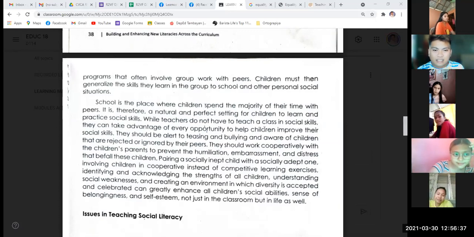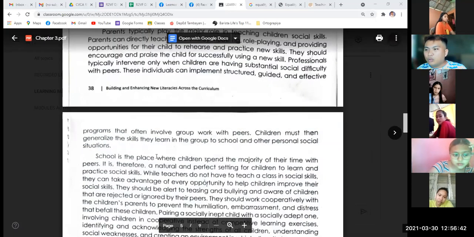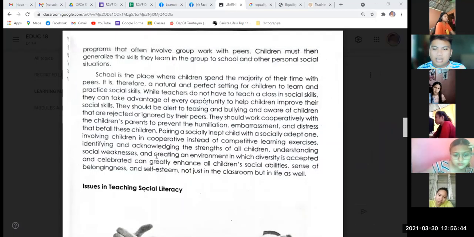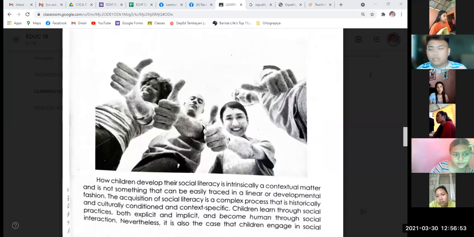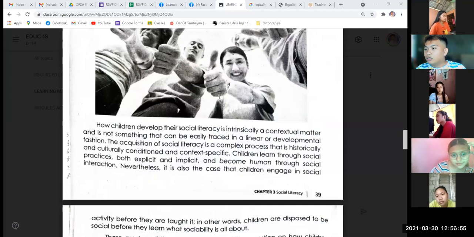Okay, it's interrelated, ha? At tandaan niyo po yan. So that's how we do about social skills. Kasi nga, it depends on how the support, it depends on the upbringing, okay? It depends on the environment that we grew in. Okay?